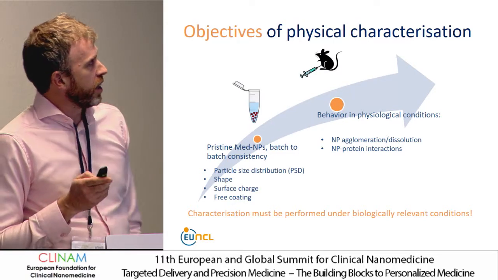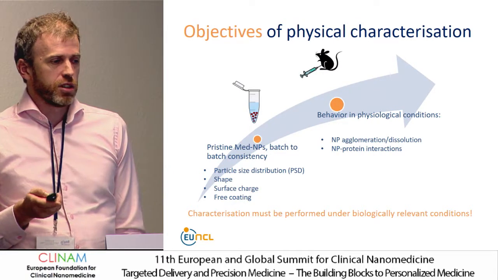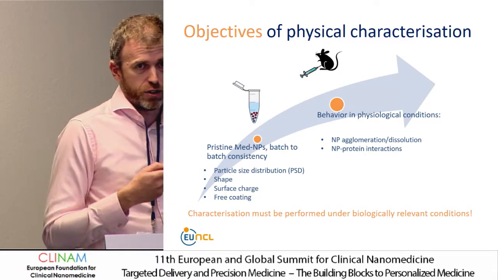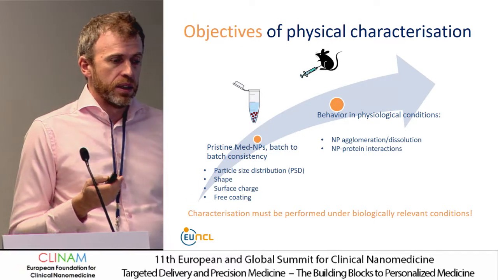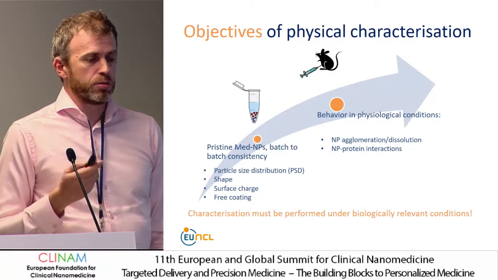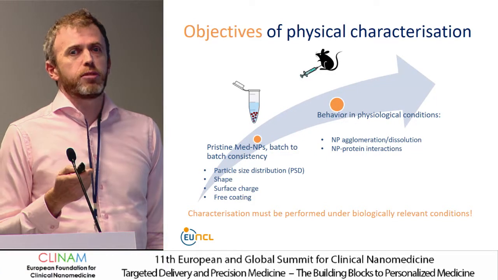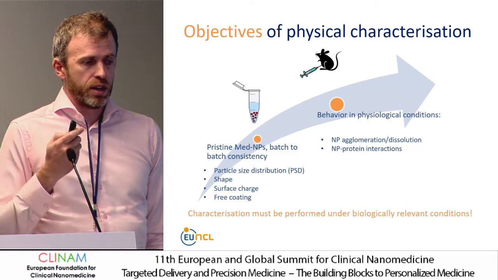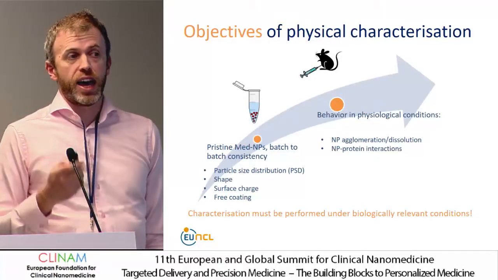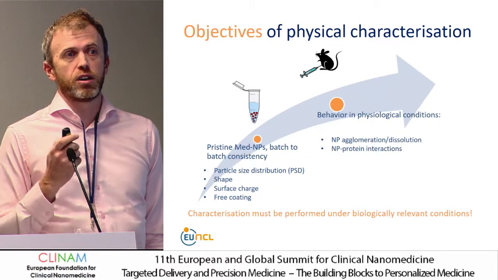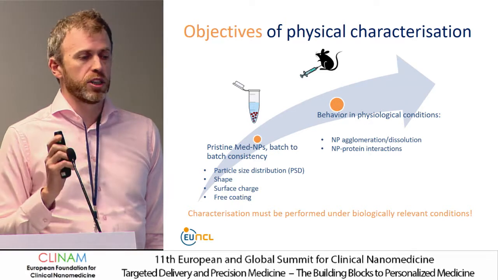The objectives of physical characterization would typically be these, in the first round at least. For the pristine nanoparticles, you want to look at batch-to-batch consistency. You want to look at particle size and particle size distribution, because hardly any nanoparticles are completely monodisperse.